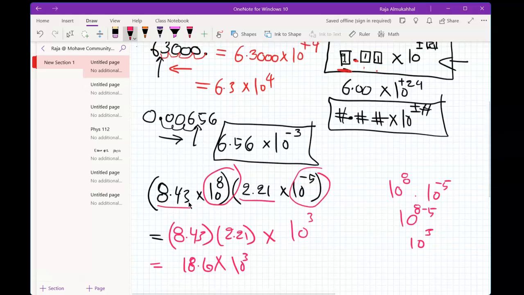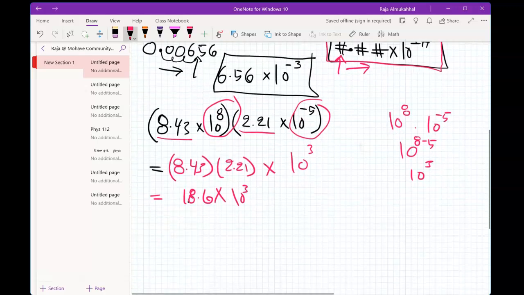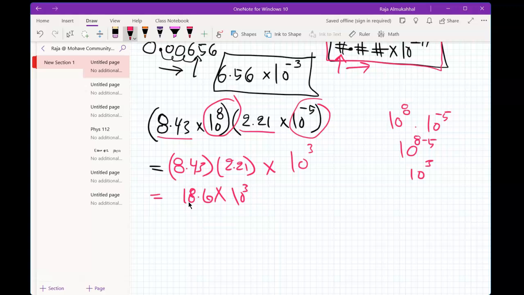However, as you may recall, in scientific notation it's only one digit to the left of the decimal point, and the rest is after the decimal point. As you can see, I have 2 digits to the left of the decimal point. So I want to move it just once, and notice that I'm moving to the left.